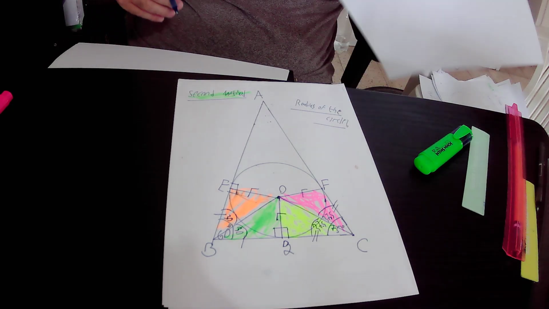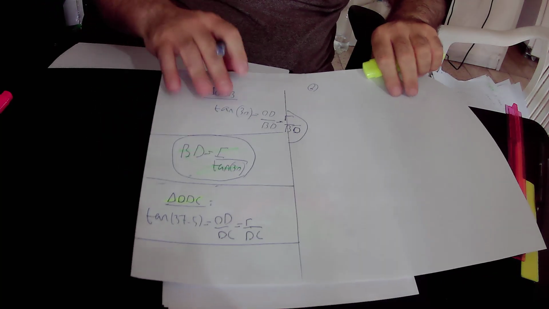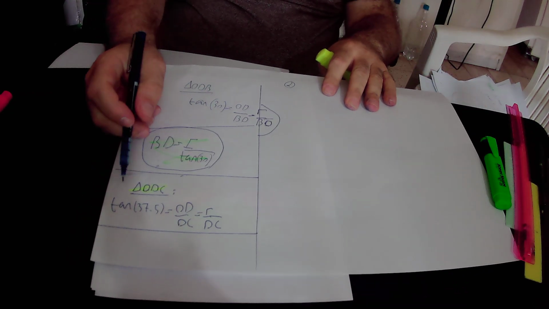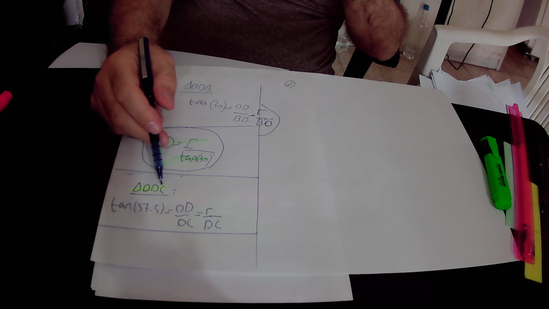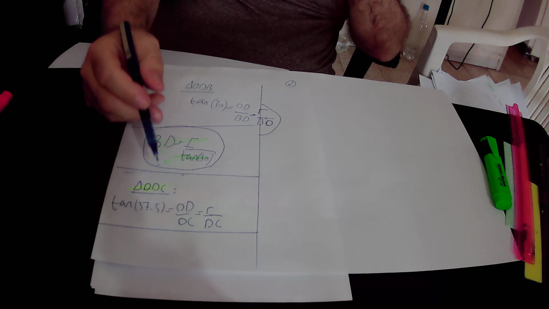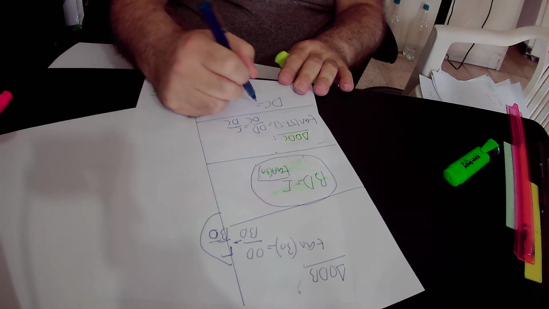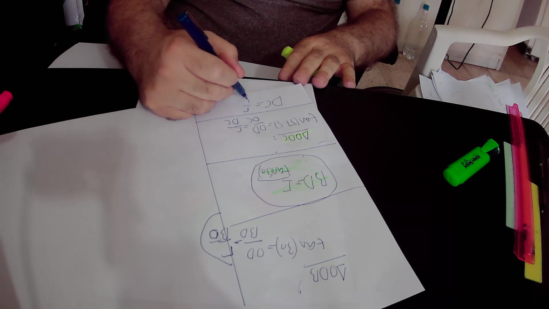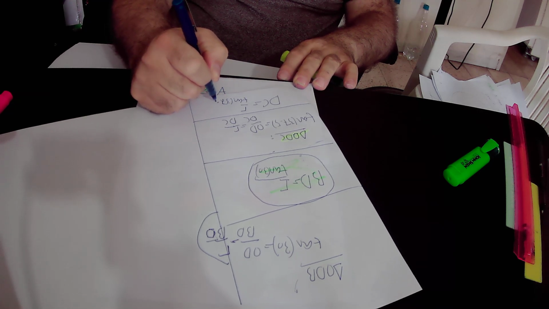So here we multiply this equation by DC and then we divide it by tangent 37.5 degrees, and we get that DC is equal to R over tangent 37.5 degrees.